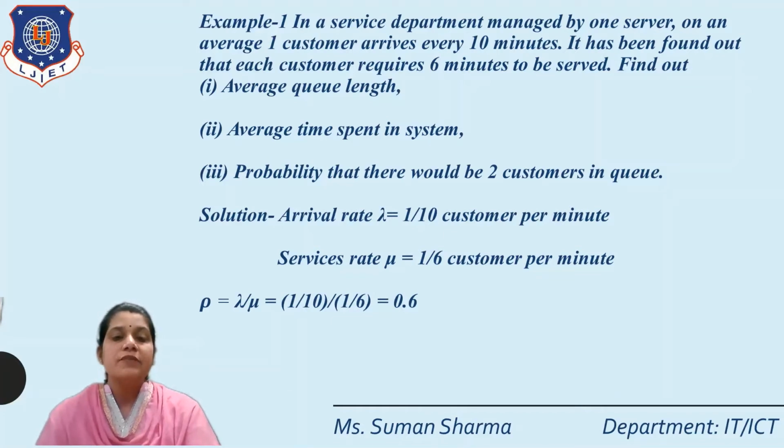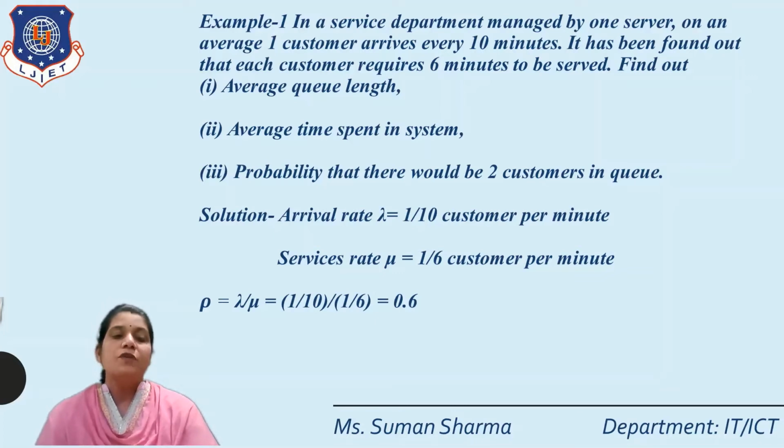Got it? Service rate mu: 6 minutes per customer, so in 1 minute that means 1 by 6 customer per minute. So service rate mu is equal to 1 by 6 customer per minute. First we find the utilization factor, or traffic intensity, in other words. Rho is equal to lambda by mu.